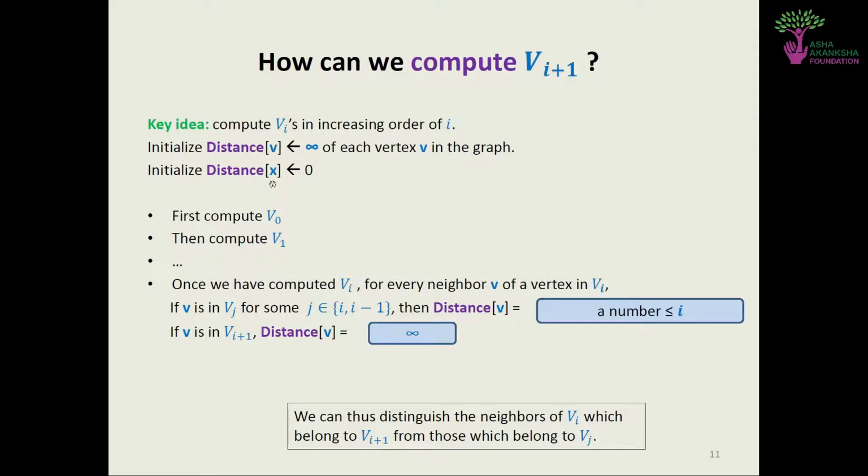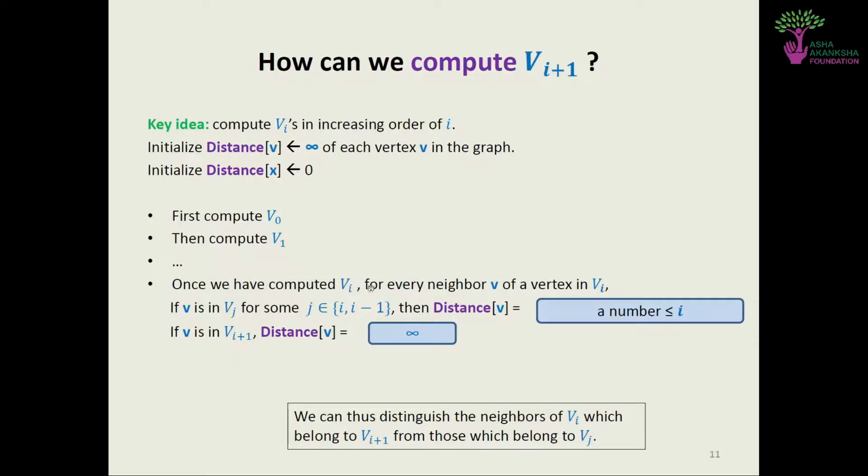Then we can initialize the distance of the base vertex from where we are taking the distance. In this case, we took the distance from x, so we assign distance of x as 0. That's fine. Then computing V0 is done using this. Then we'll compute V1, then V2 and so on. We compute Vi, then V(i+1), then V(i+2).